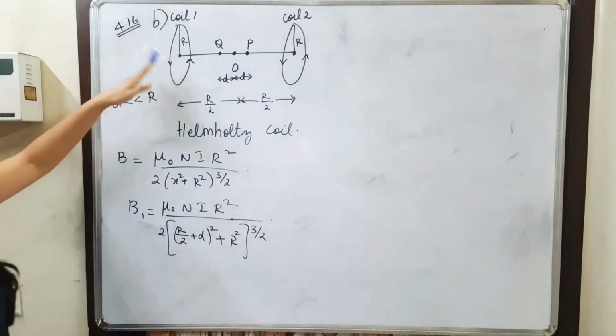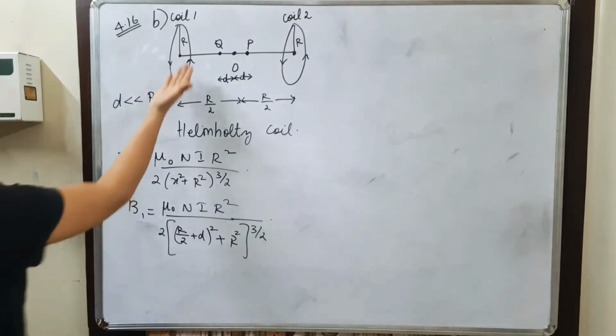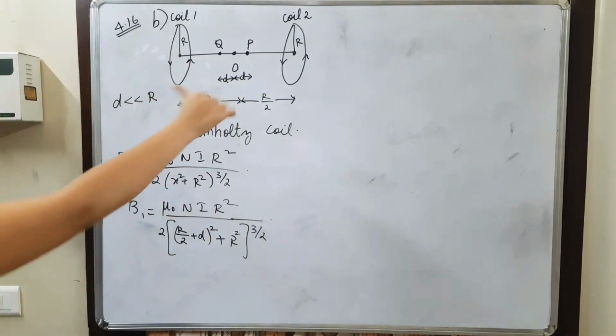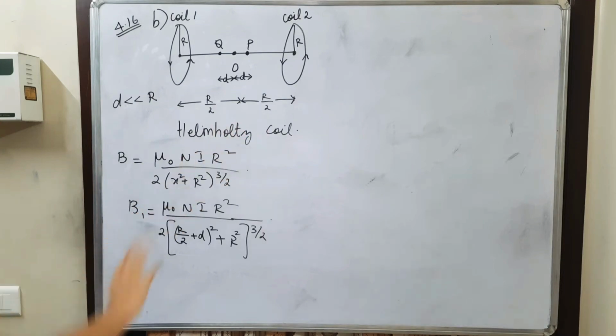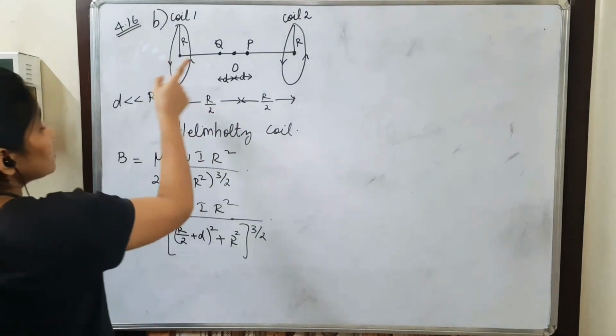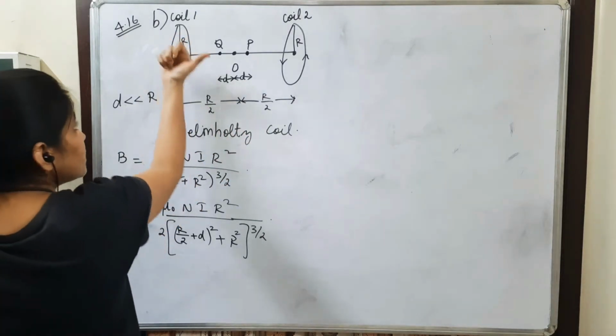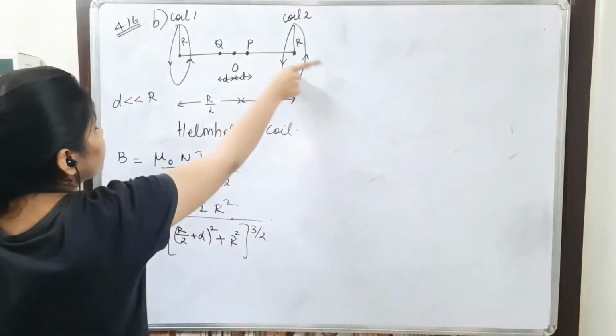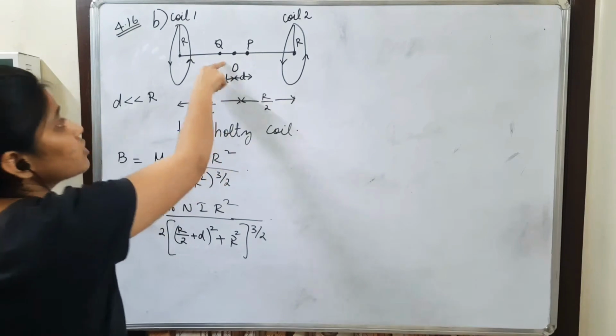This magnetic field will be along this direction, or if you have taken clockwise, it will be in this direction. So the direction here doesn't really matter. One more thing we need to understand is that since both the coils have current in the same direction, the magnetic field at points P and Q will be in the same direction.